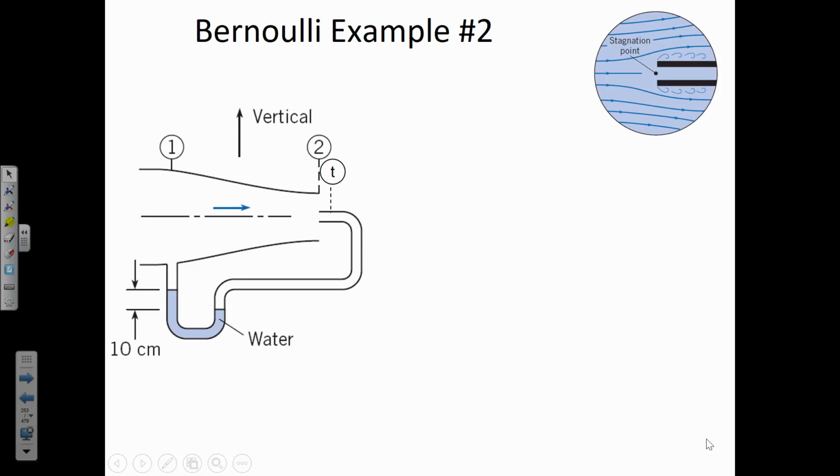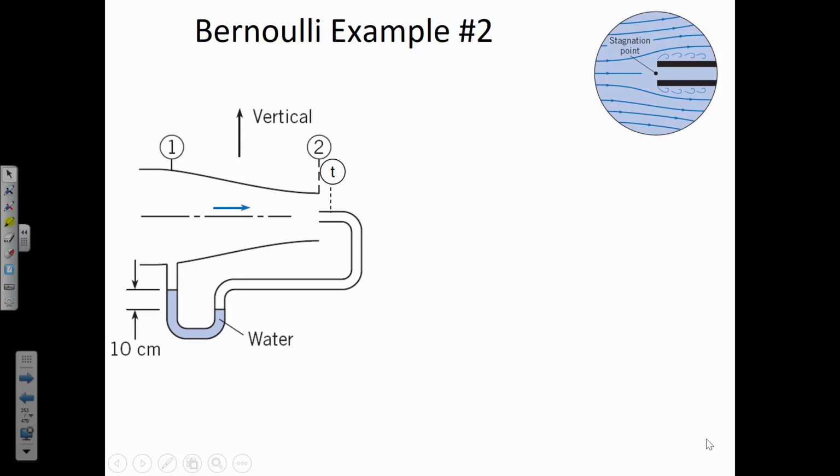Okay, so let's say that we have a nozzle that's contracting, and what we have is a tube that's connected before it contracted, and it's pointing over here. So the air that's going through here is going slow, and then because it contracted, it's speeding up, and some of the air is going to go inside of this tube and cause a deflection in the manometer fluid.